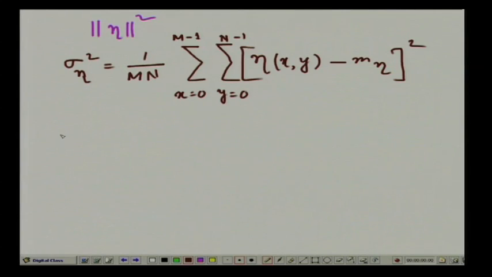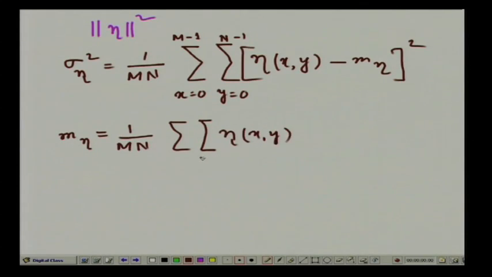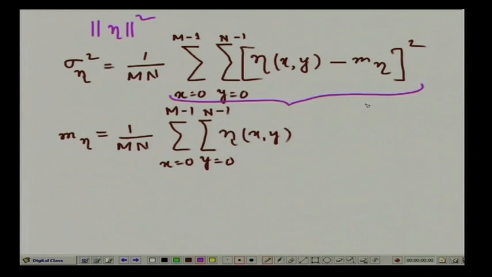And the noise mean, that is m eta, is given by the expression 1 upon capital M into capital N, then double summation eta x y, where again y varies from 0 to capital N minus 1 and x varies from 0 to capital M minus 1. Now, from this you find that this particular term is nothing but what is our eta square.